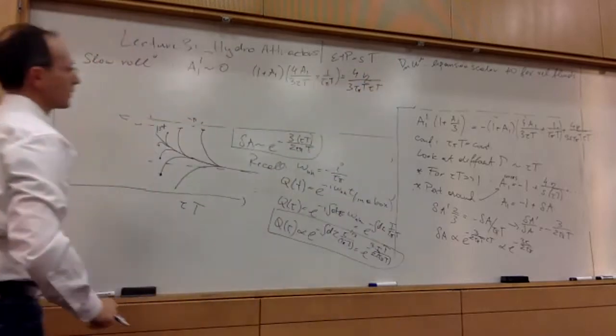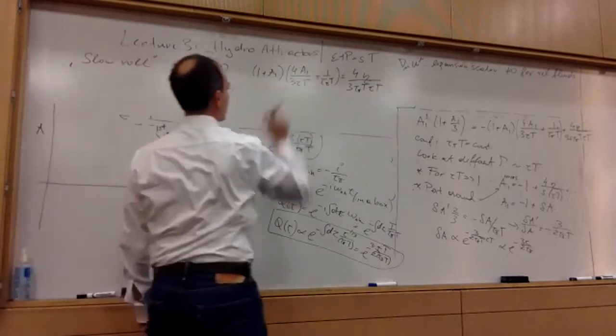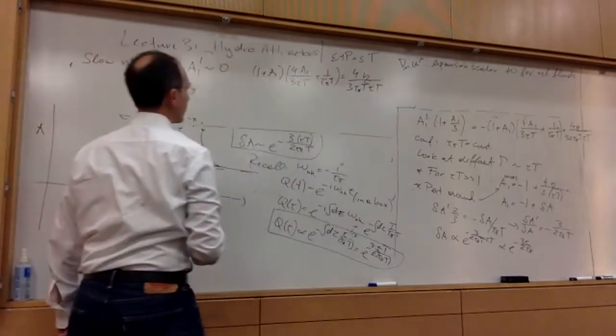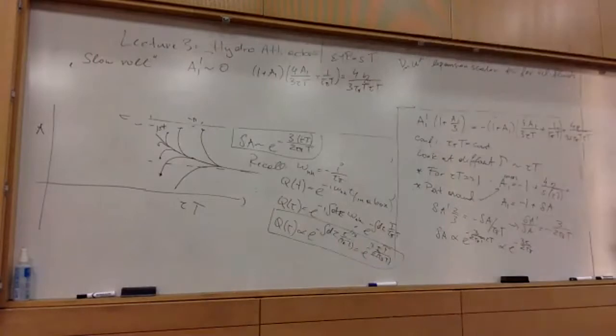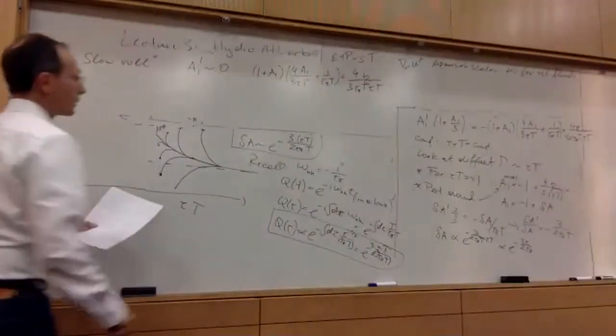We want to solve this for very early time, so we want to multiply this whole expression by tau t and solve for A. And we can do it. So it's a quadratic equation.